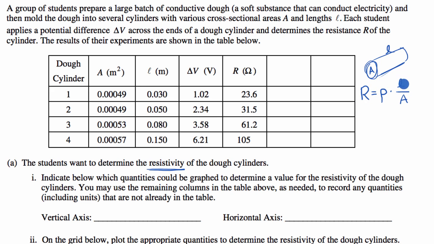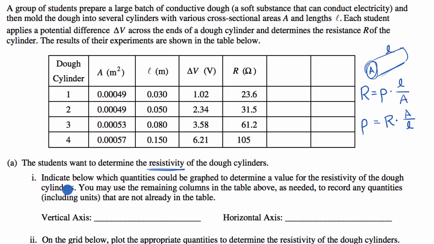But if you have a higher length, that also makes a higher resistance. But if you have a higher cross-sectional area, then that lowers the resistance. And if you were to solve for rho, you could write rho is equal to resistance times cross-sectional area over L.